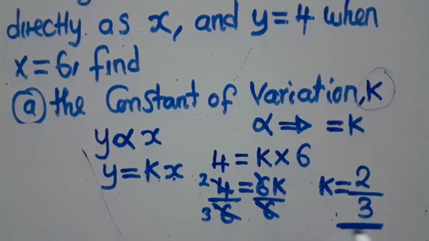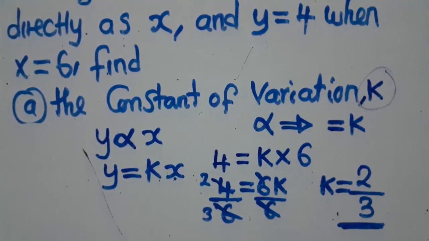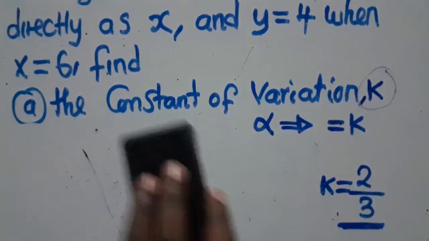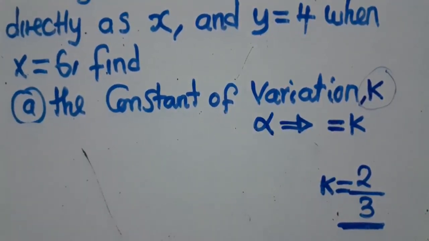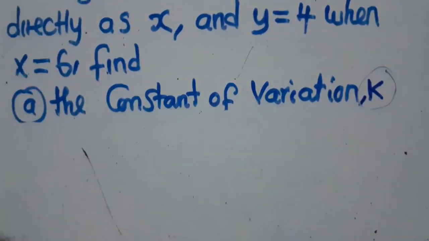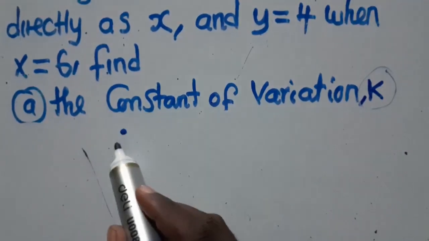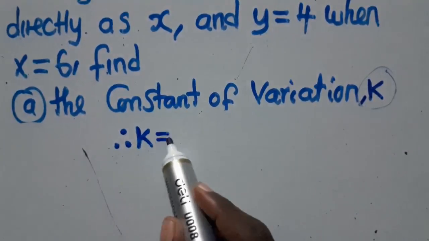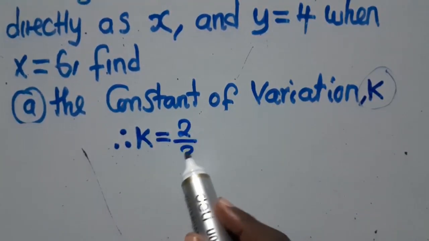This is the value of k which we found. k is equal to 2 over 3. Therefore, the constant of variation, which is k, is equal to 2 over 3.